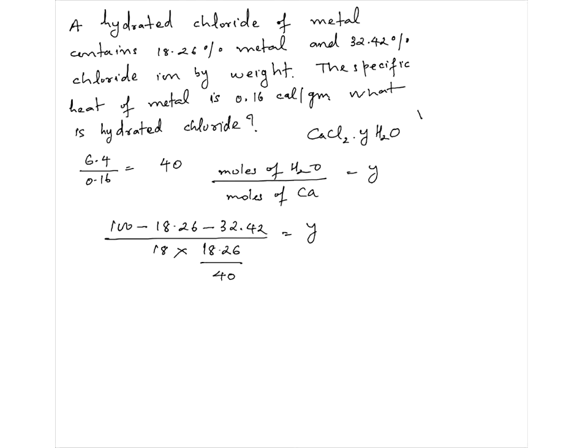That is why we are given more information: 18.26% calcium and 32.42% chlorine. Besides calcium and chlorine, it has got hydrogen and oxygen.